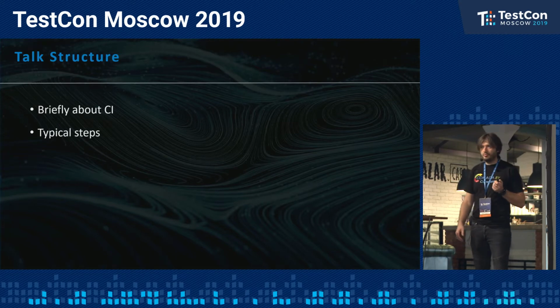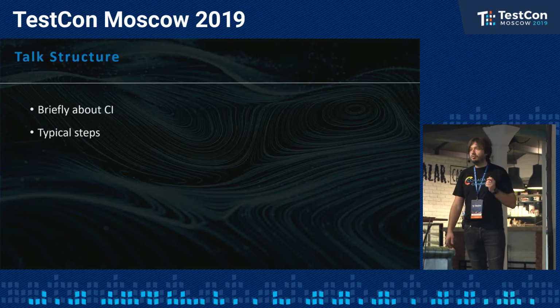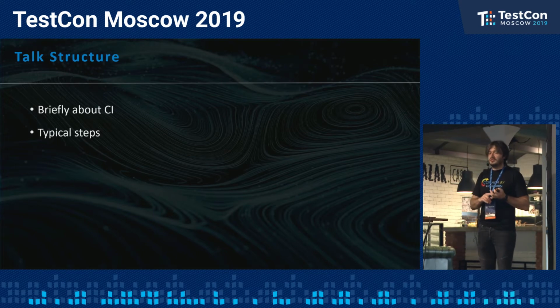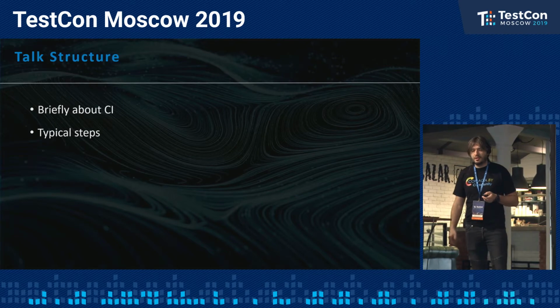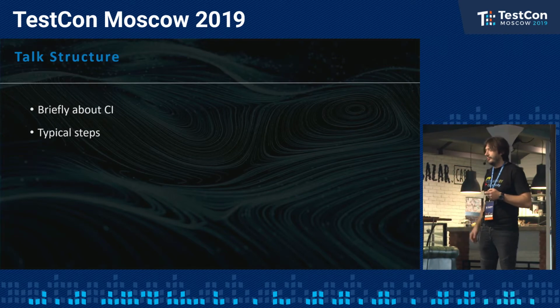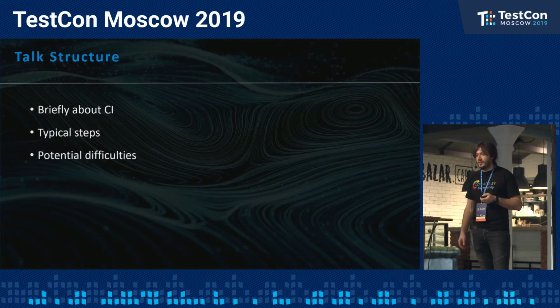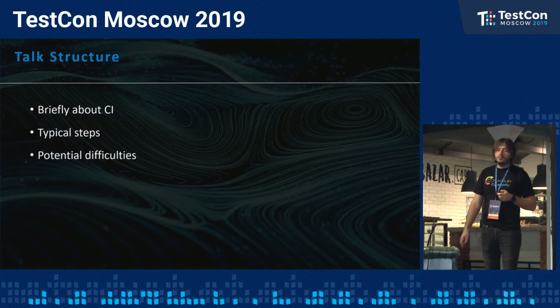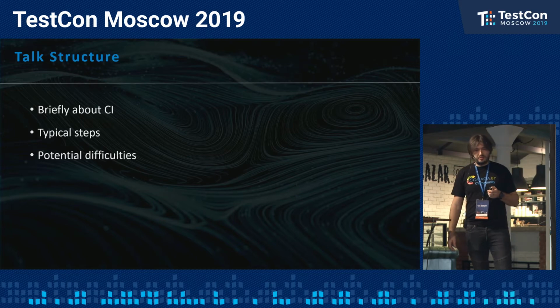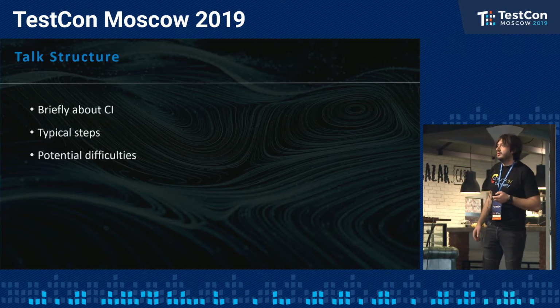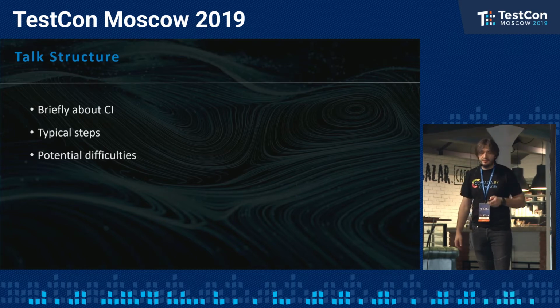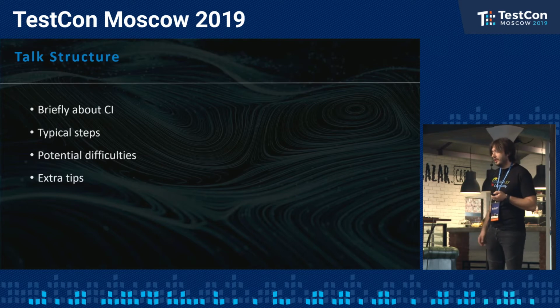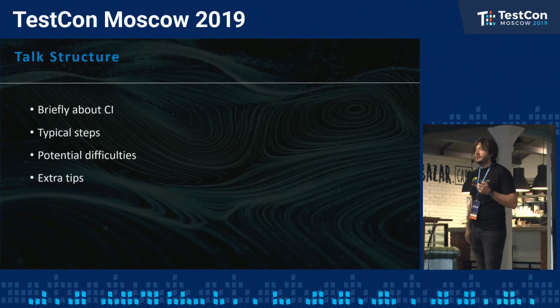I am not going to focus on technical aspects. It's not a presentation about Jenkins setup, no. It's more about processes. We shall talk about general, typical, potential difficulties and issues, how to avoid them, how to bypass them.